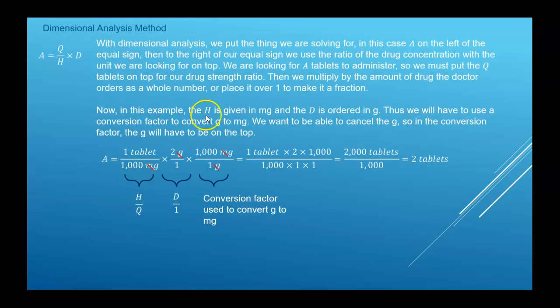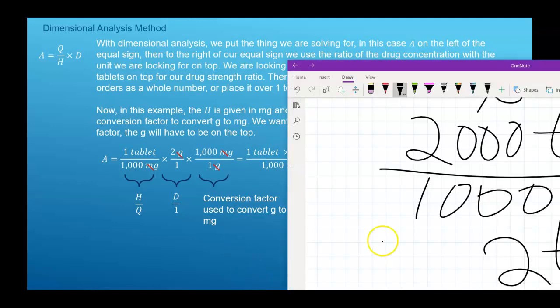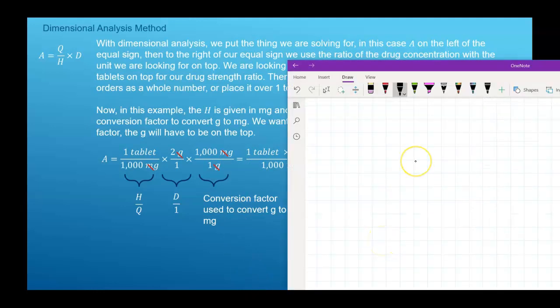And so here's dimensional analysis showing the H over Q, 2 grams over 1, conversion milligram to gram, or gram to milligram. And these fractions, it doesn't matter where they're at, because remember, multiplication is commutative. So I can multiply 2 times 3 times 4, or 4 times 3 times 2.